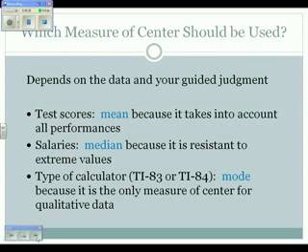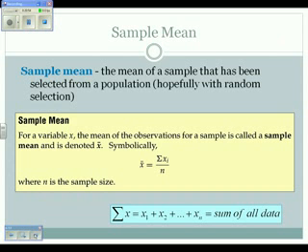So it doesn't really make sense to average model numbers or anything. And so the most frequent one would be the one that you'd want to use here.